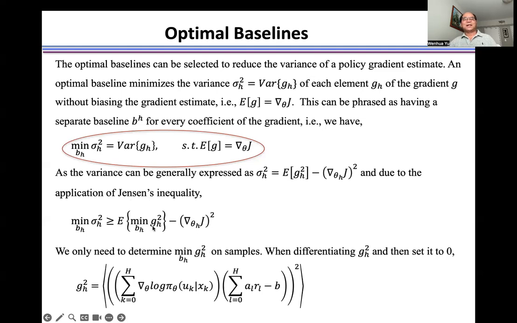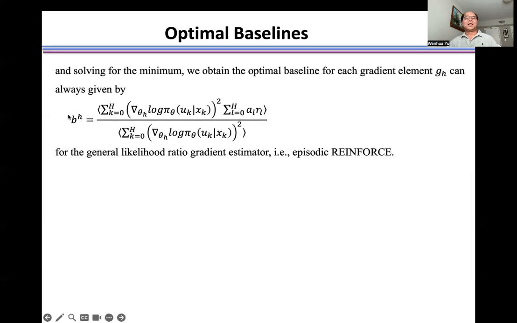We make the variance for each example or element minimal. We get this formulation and calculate its derivative with respect to b, and then we get a baseline for each element.